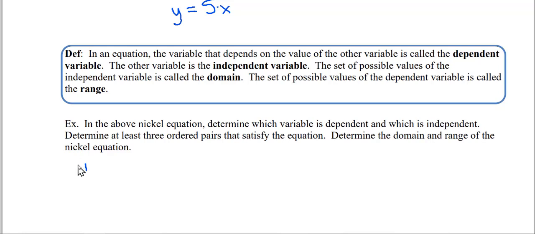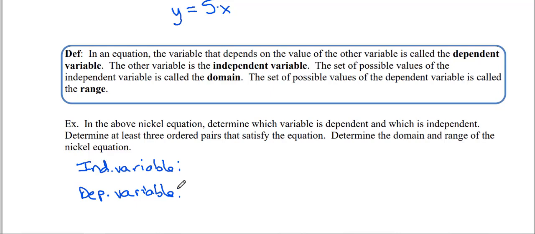So we want to know what is our independent variable and our dependent variable. First of all, determine which variable is dependent and which is independent. My 2 variables here are number of nickels and value of the nickels, right? Which one of those depends on which?